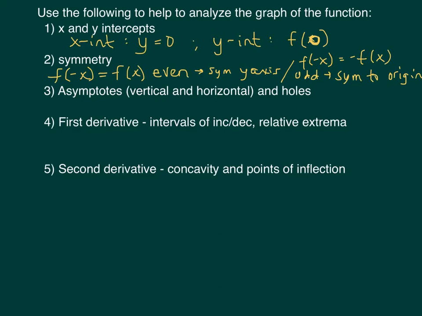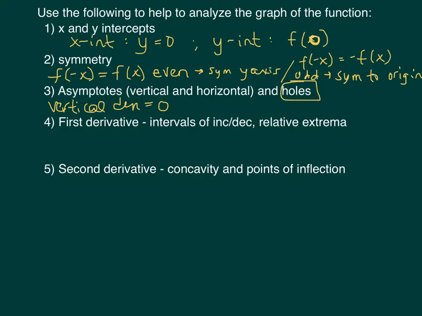Okay, the next thing we're going to look for are our vertical and horizontal asymptotes. Our vertical asymptotes, after we simplify, are where the denominator is equal to 0. We always simplify, and any of those crossed out terms become the holes. You can write your own notes here: holes come from any factors that get crossed out during the simplifying process, set equal to 0.